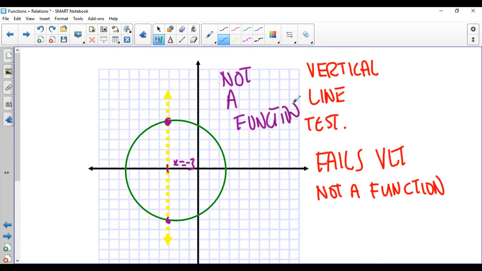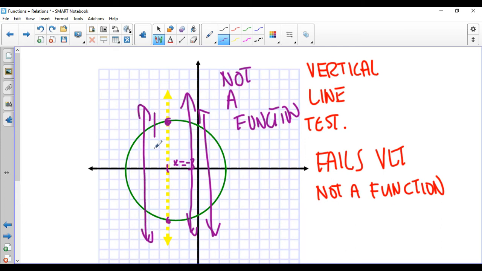And you can keep drawing. Technically you can draw infinitely many, but look how many vertical lines I could draw, and these cross the relation in 2 points. So we call this the vertical line test. If the relation fails the vertical line test, then it's not a function.